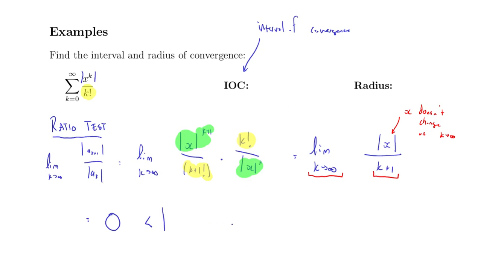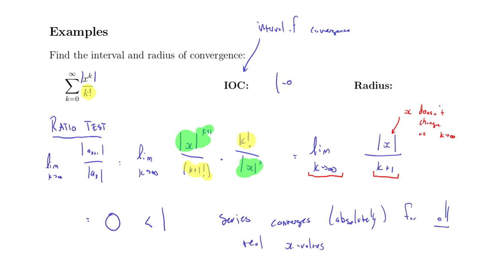What that means is that this series converges absolutely for all real x values. So we can say our interval of convergence is actually the whole real number line, and our radius of convergence you could think of as infinity.